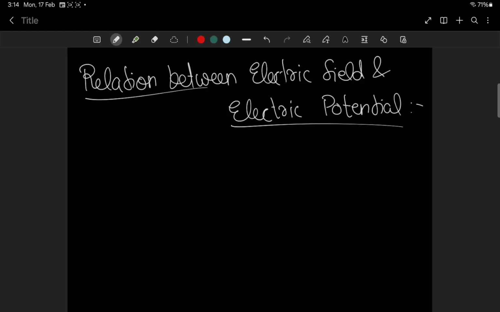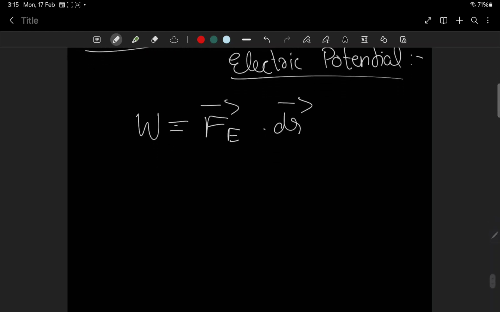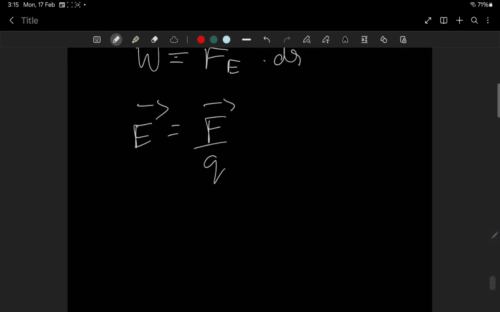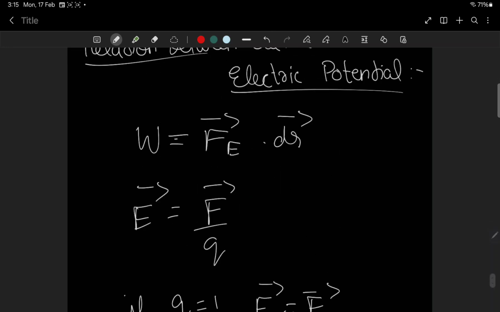So we know that work done is equal to force into distance, not electric field. Force external into distance. And you know one more thing, that electric field is equal to force by Q. If Q equal to 1, we can tell that E is equal to F. So this is equation 1.